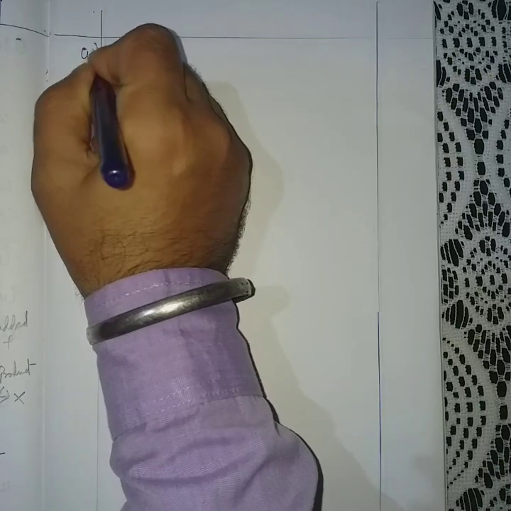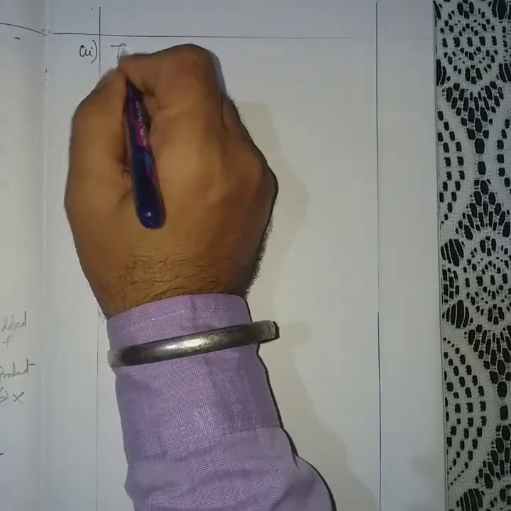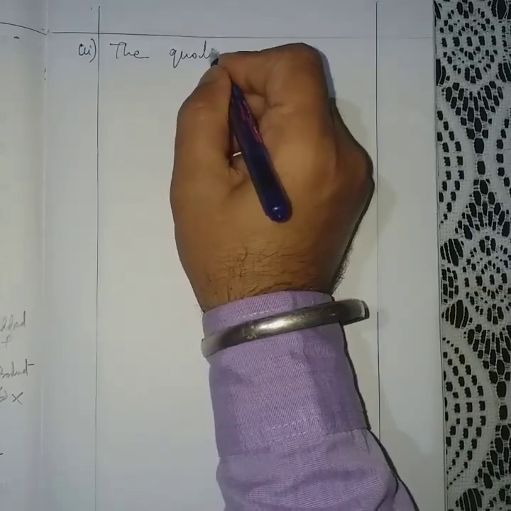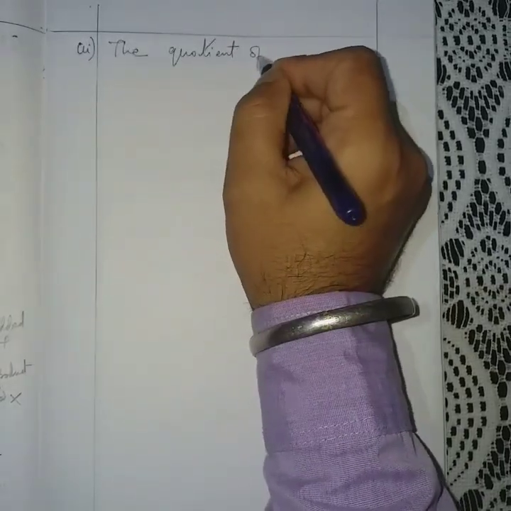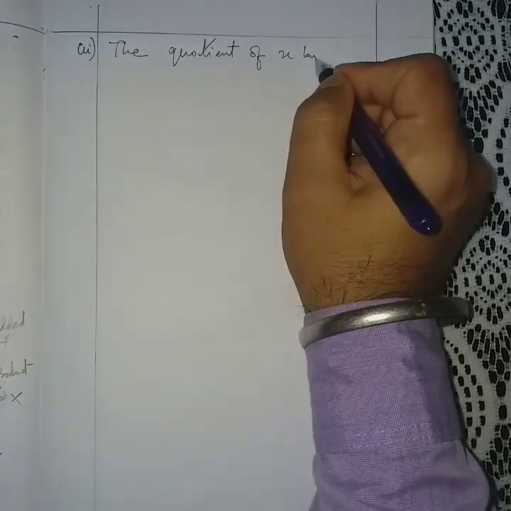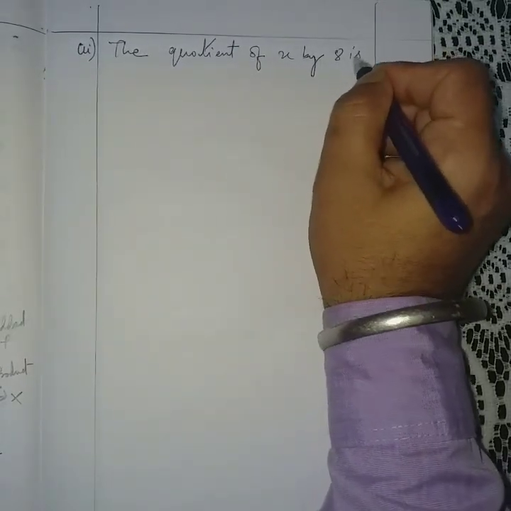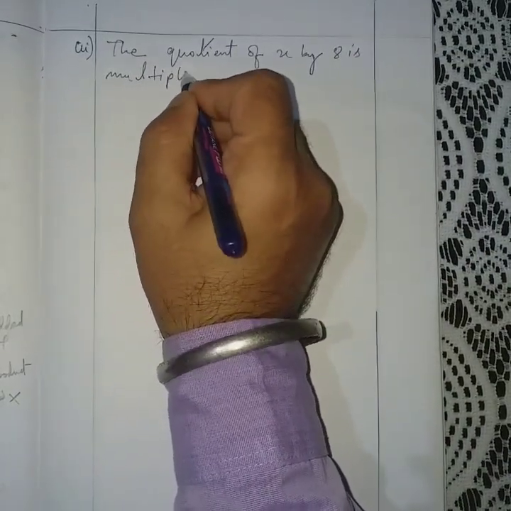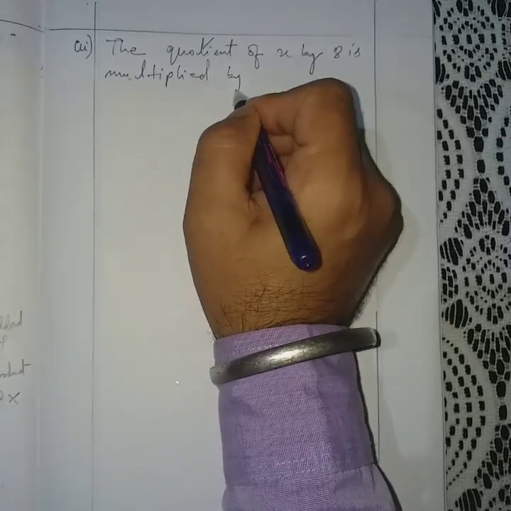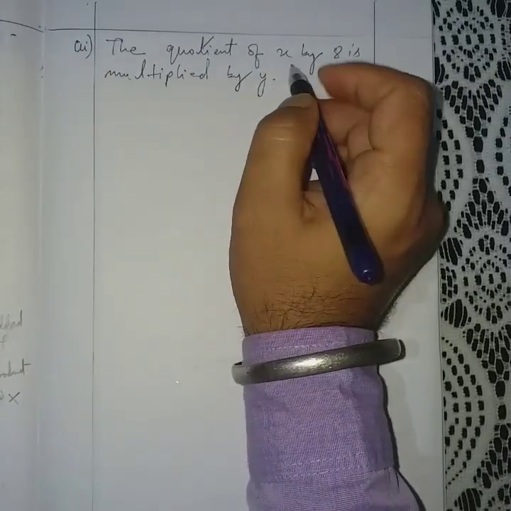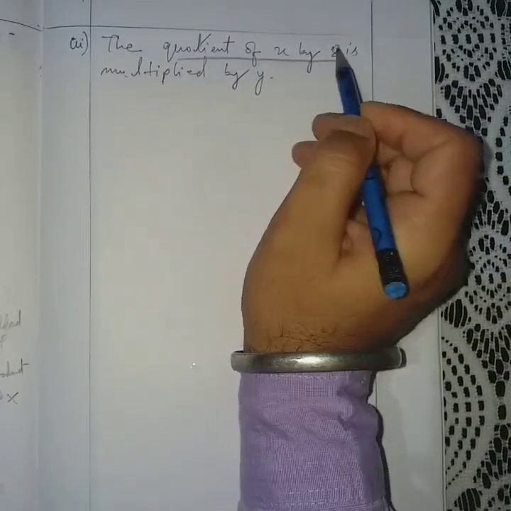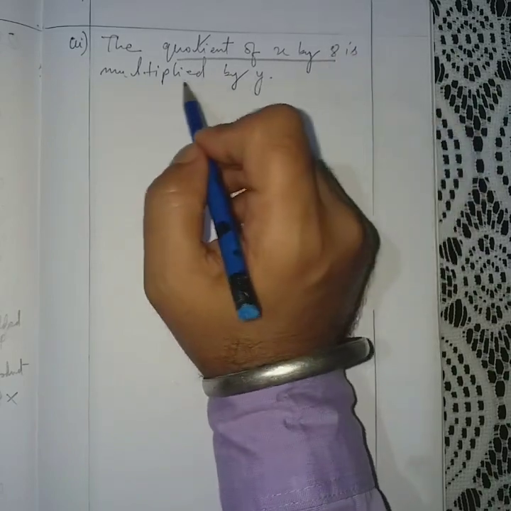Number 2. The quotient of x by 8 is multiplied by y. So here, quotient of x by 8, this one you have to write multiplied by y.